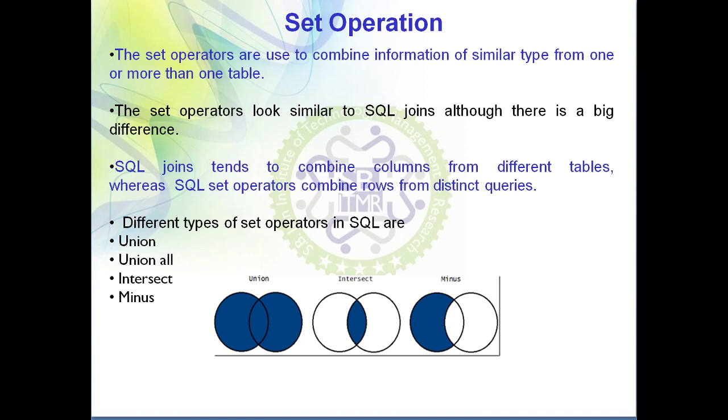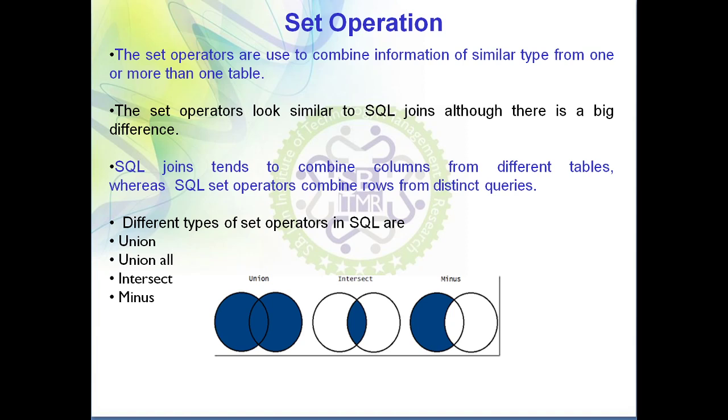So set operators are used to combine the information of similar type from one or more than one table. Previously we have seen that whenever we need to fetch data from more than one table, we use a join operation. A join operation is mostly used when you need to combine column-wise data, but suppose you need to combine two tables based on rows, at that time a set operation is useful.